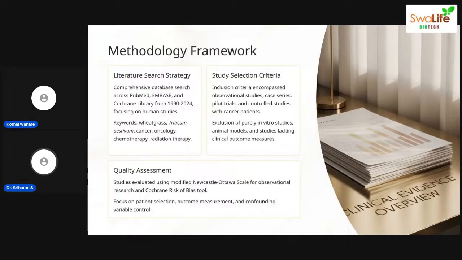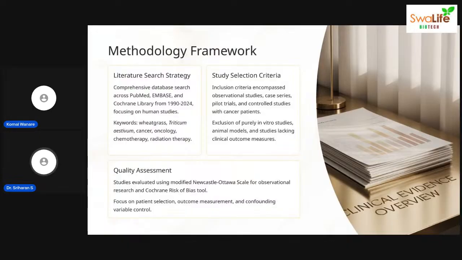They are mostly observational studies alone. So you want to give a quality rating to them, which means you evaluate their study. This is one of the important scales, the Newcastle-Ottawa scale. It assesses the quality of our study and the risk of bias.